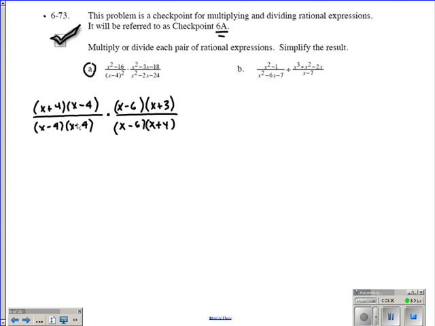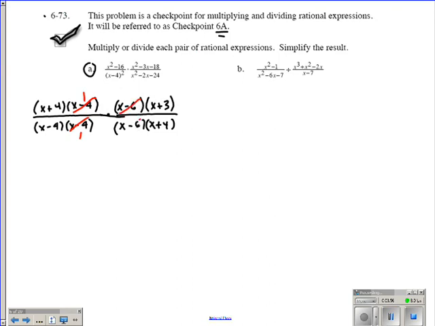So, are there any factors that we have both in the numerator and the denominator? Because remember, when you're multiplying, this is just like one giant fraction. Well, I see that I have an x minus 4 and an x minus 4. When we divide x minus 4 by x minus 4, we get 1. I have an x minus 6 over an x minus 6.